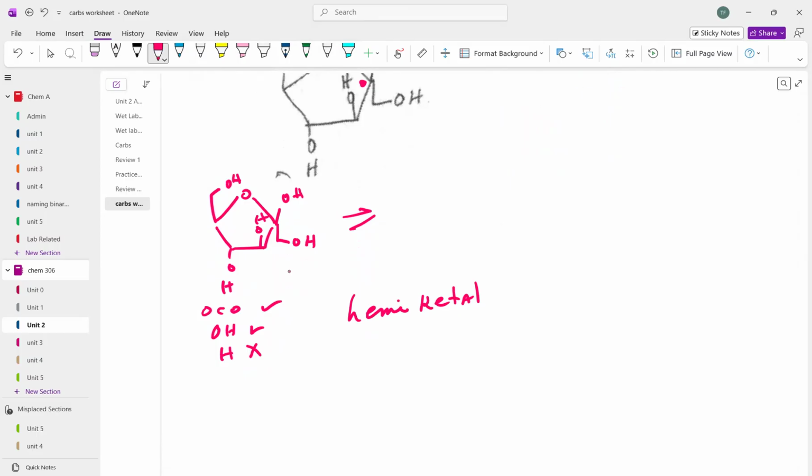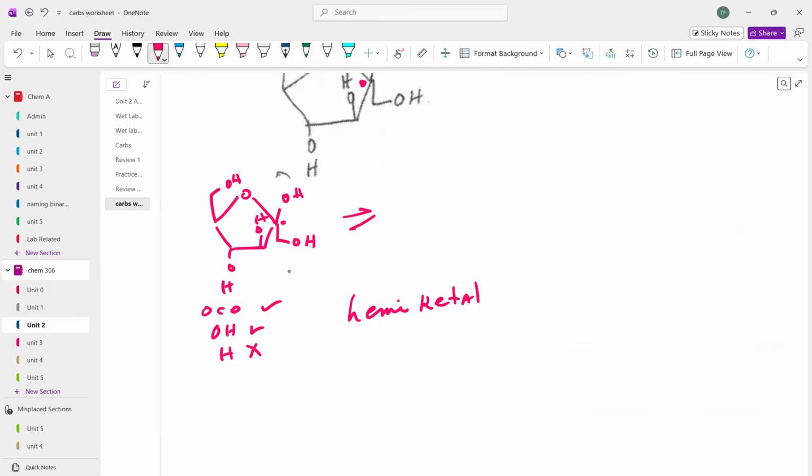Normally, hemiketals cannot be oxidized except when there is an OH group next to the anomeric carbon. Then they can be converted to an aldehyde, hence it can be oxidized.